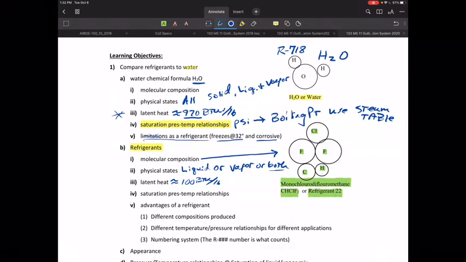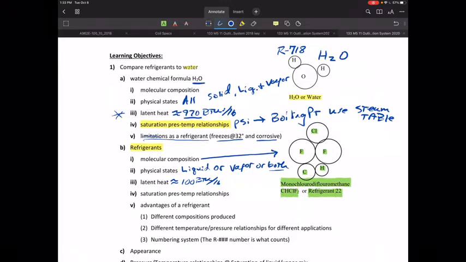Now, without a doubt, we can figure out specifically what would happen using some of the pressure enthalpy tables as an example.